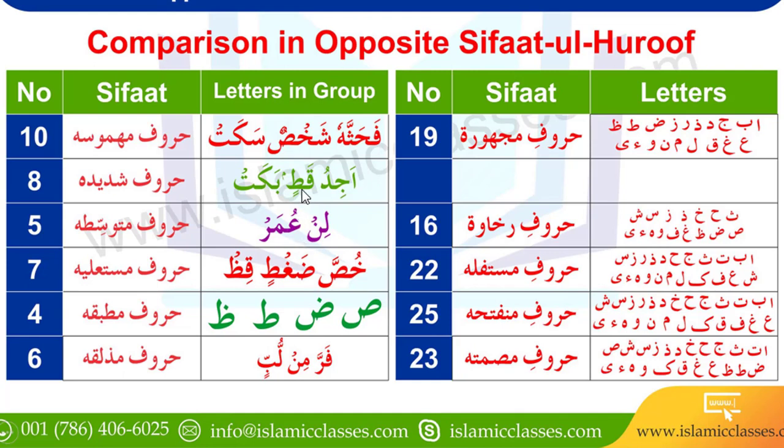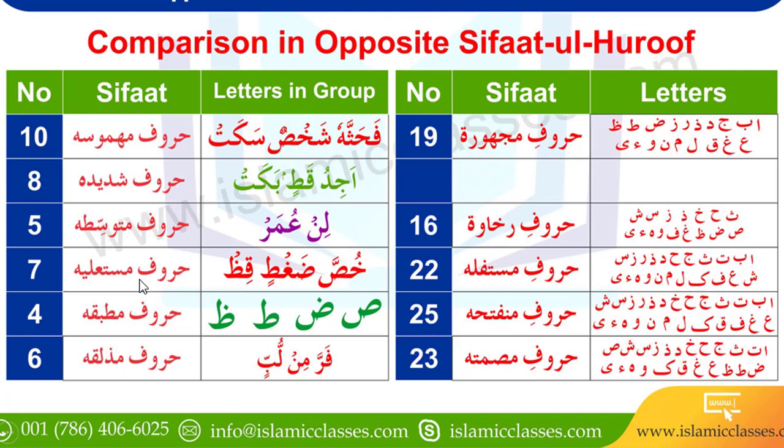So if we skip these 8 letters and these 5 letters, the remaining letters are 16, which are rakhawa letters. Rakhawa is the opposite of shadida, and mutawassita is between ash-shadida and ar-rakhawa, between shadida letters and rakhawa letters.